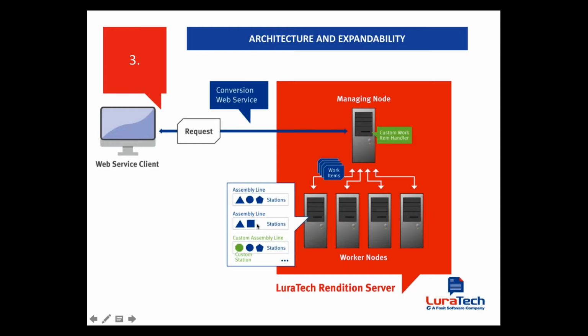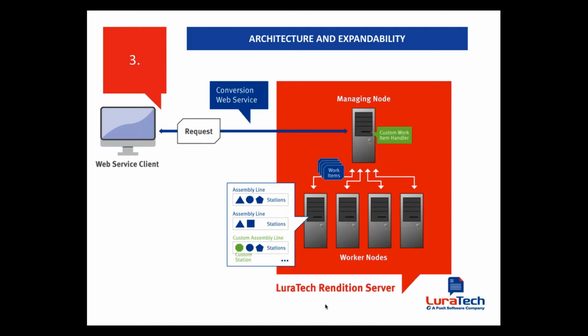Here's another green little thing down there, and that's called a custom station. I told you before, when all these out-of-the-box modules are still not doing the trick, you have your own private little format, or you have a great tool to create a certain CAD file to PDF conversion or something like that, doing something very specific.